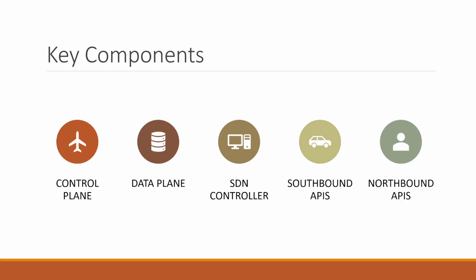Now, you can see different pieces when it comes to SDN, and they may be the control plane where they send all their control commands through. You may have the data plane, which is responsible for controlling all of the data within our network, including routing devices. We might have a controller, which will then be like the brains and govern the network behavior. And then we've got all these APIs.